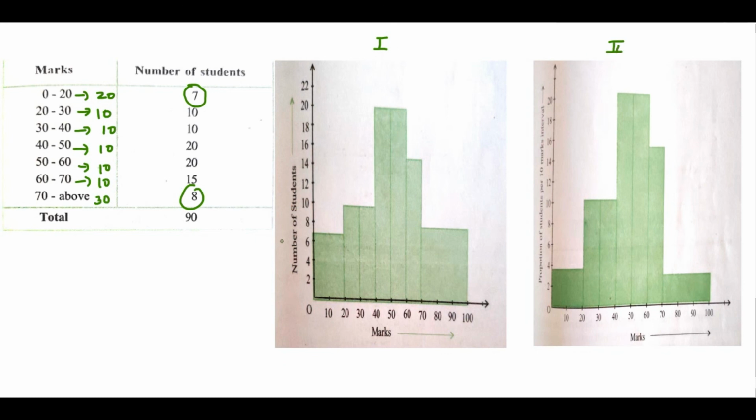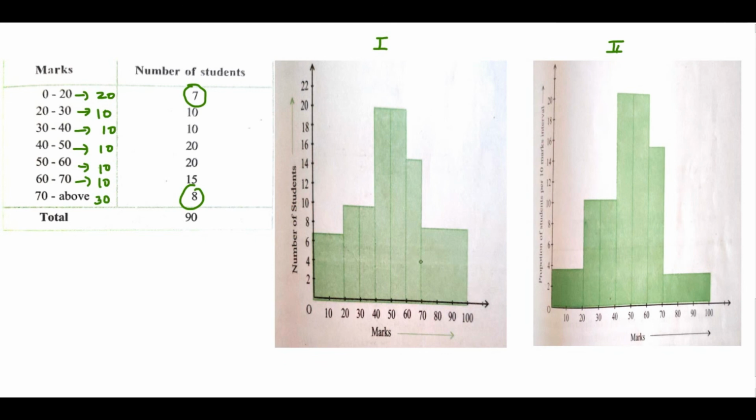We can see that here, even though the class size is different, we have taken the actual frequency and marked it. And here, since the class size is different, we have used the adjusted frequency, that is minimum class size divided by class size into frequency.